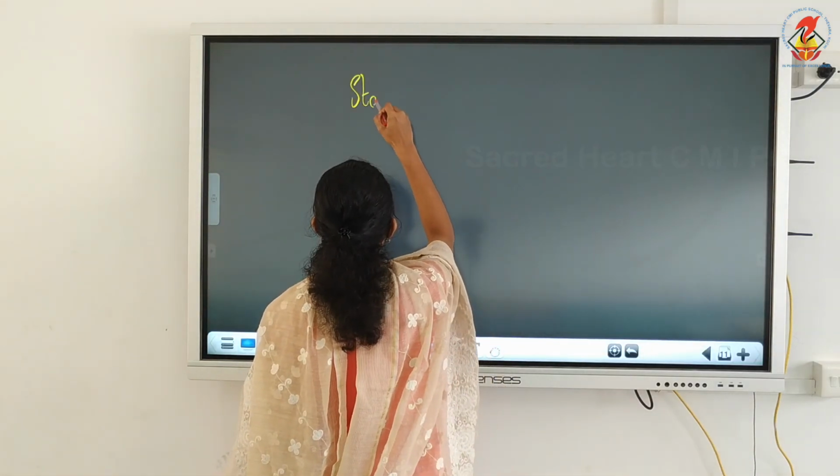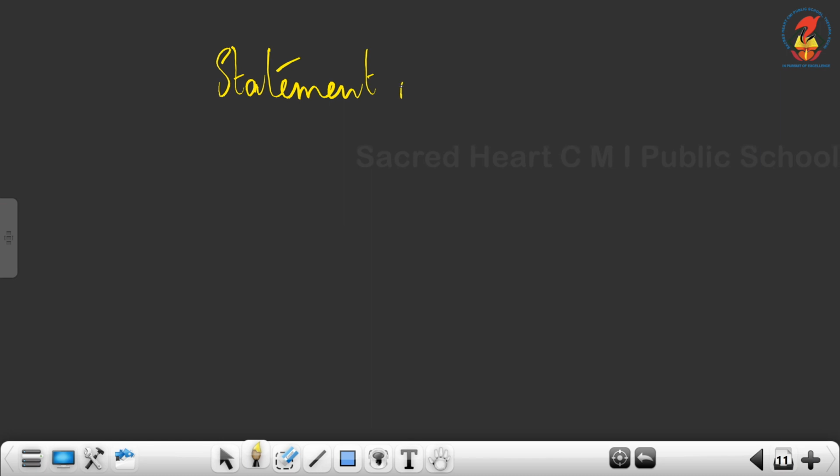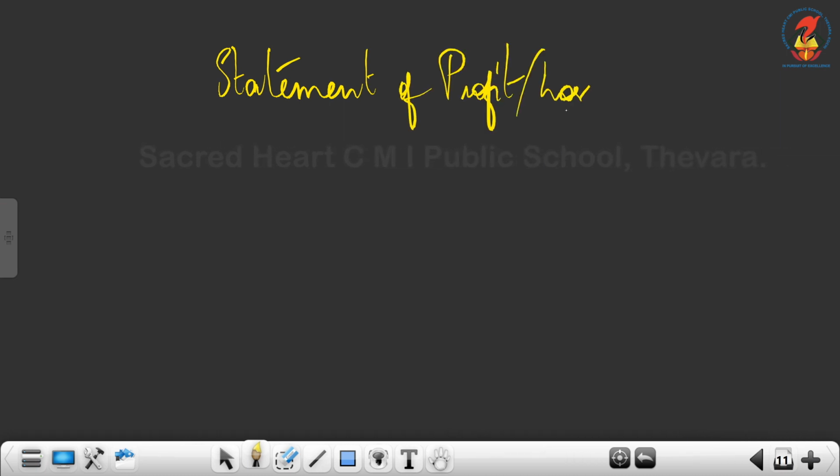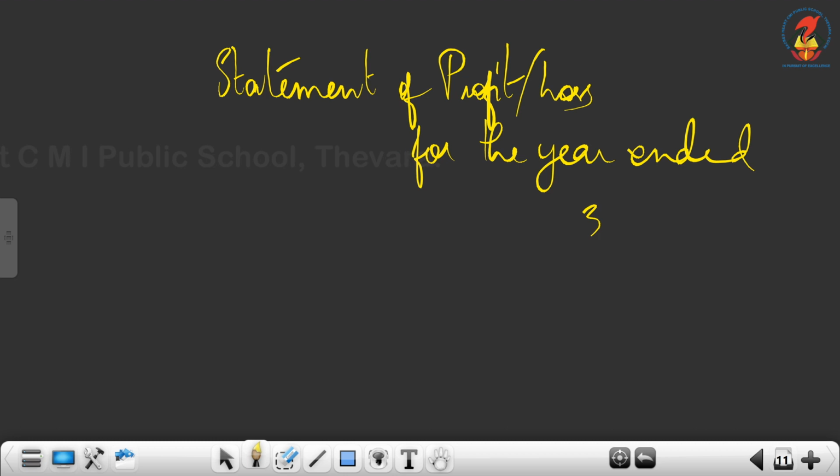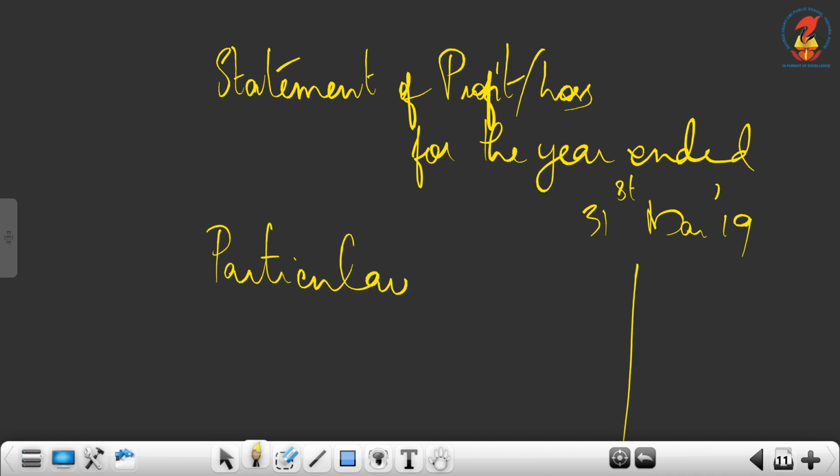Give the heading statement of profit or loss, that is P&L, for the year ended. Here don't write asset, you must write it as for the year ended 31st March 2019. Particulars in one amount column.